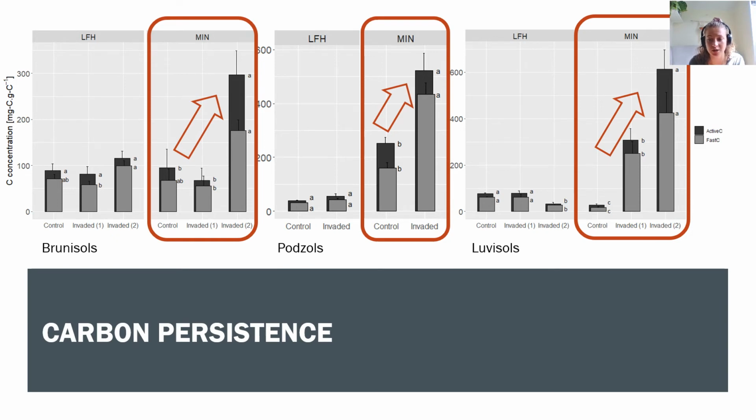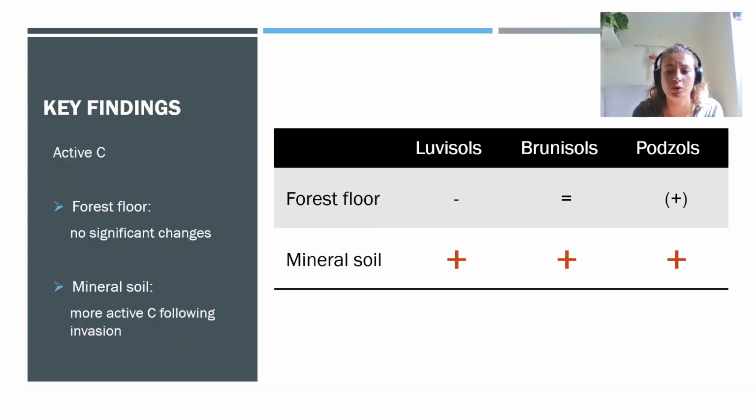So the graph is looking at the proportion, the percentage of active carbon, not the total amount of carbon. But the trend is the same regardless of soil type. So no clear trend for active carbon in the forest floor, but a very clear increase for the mineral soil.